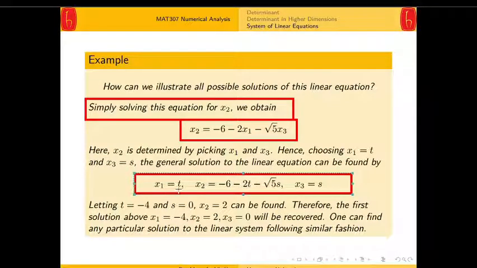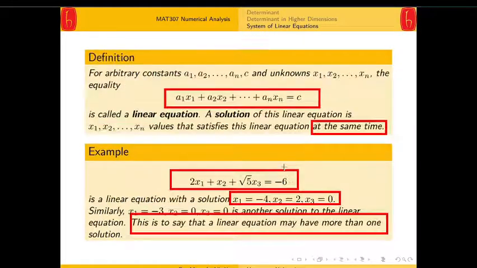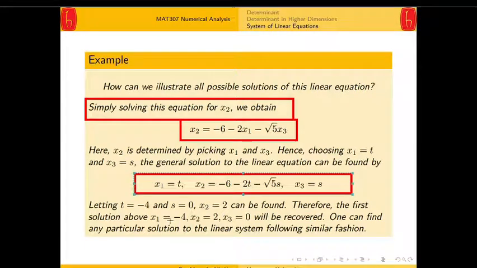If we substitute, for example, -4 for t and 0 for s, we can find x2 equals 2, and this will be the first solution above: -4, 2, and 0. This is a solution already, and we can recover this solution by using this notation.